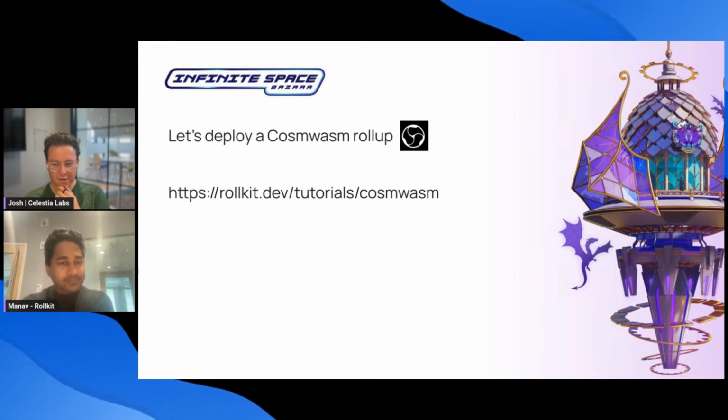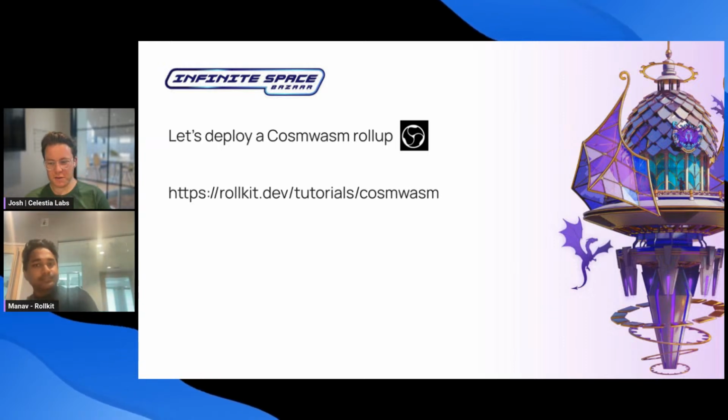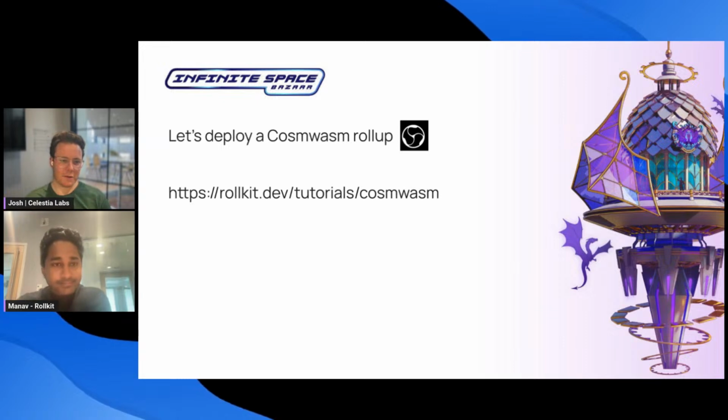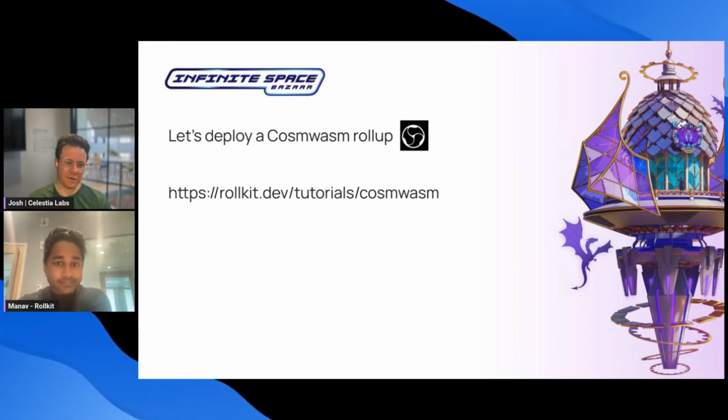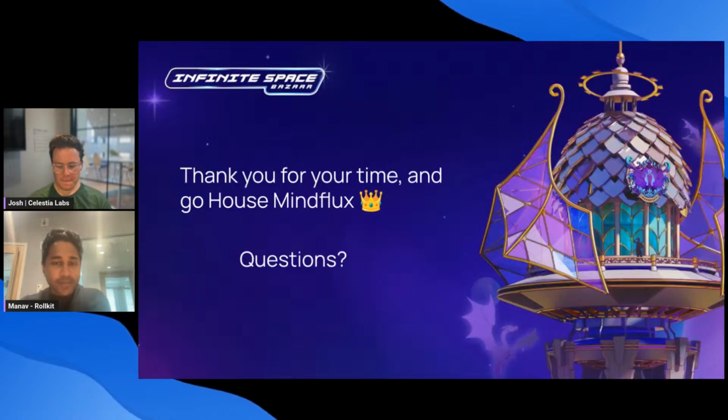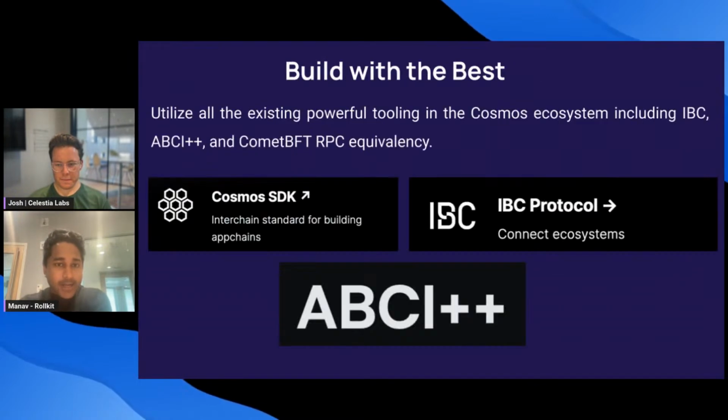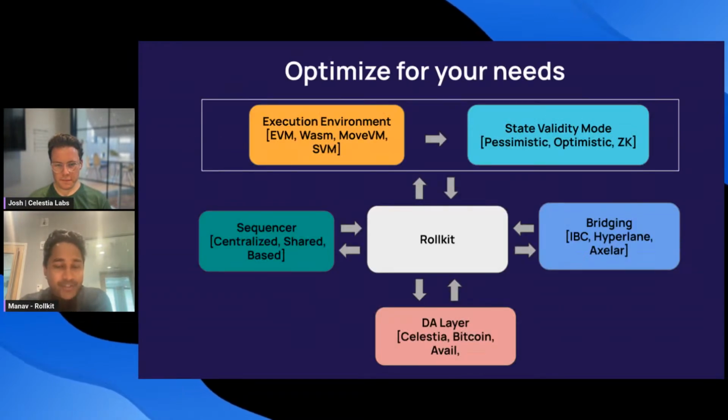From the chat, I was going to ask what features you're most excited about that are in the works or planned in the future for Rollkit. Yeah, for sure. Let's go back to the slide.